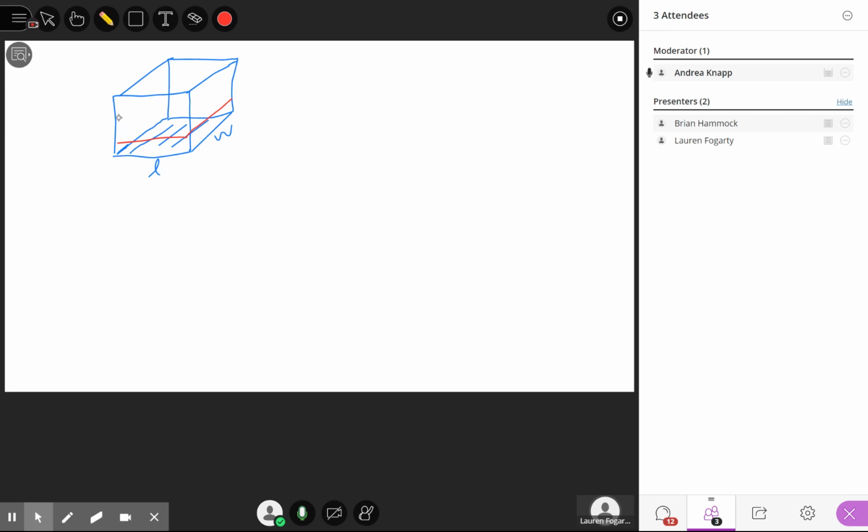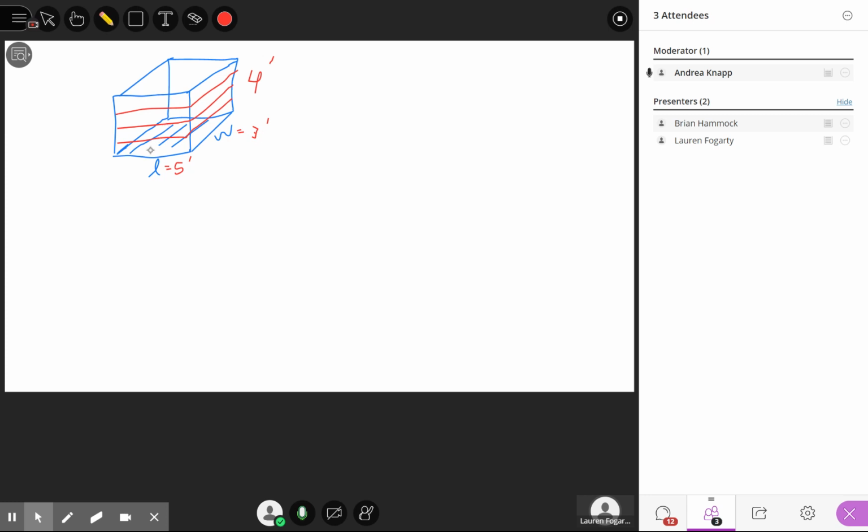So let's say that we've got 4 layers here with a height of 4 feet. Okay, and we'll say we've got a base, or a length, of 5 feet and a width of 3 feet.